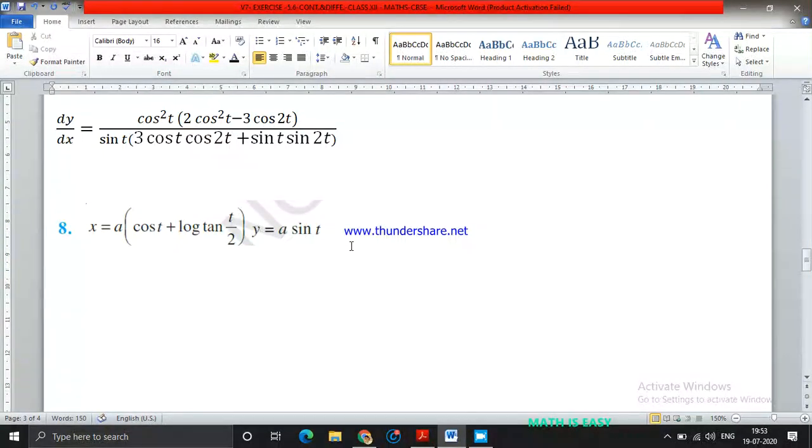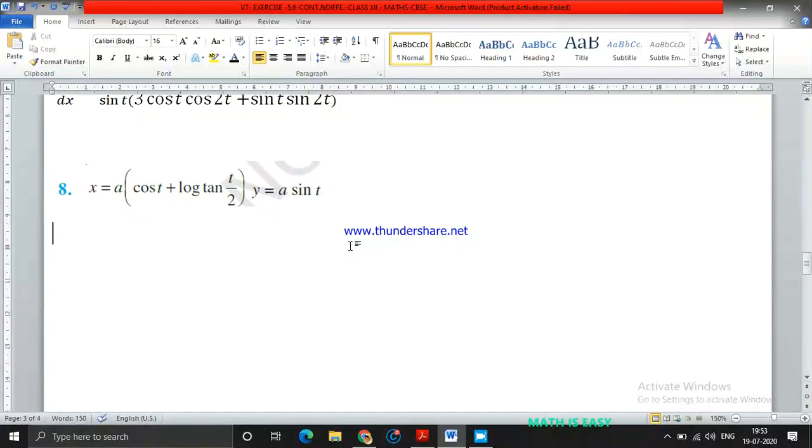Now similarly, if I go to question number 8, I think you can solve it easily. Dx by dt will come. Dx by dt is minus sin t, because derivative of cos t is minus sin t, plus log theta. Log theta differentiation is 1 by theta, that is 1 upon tan t by 2 into derivative of theta.